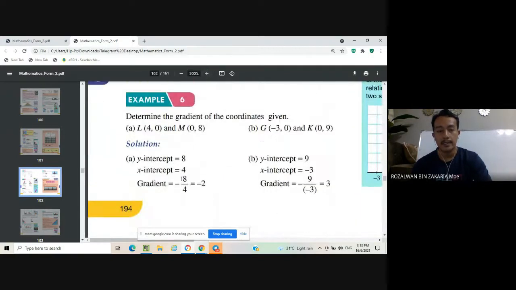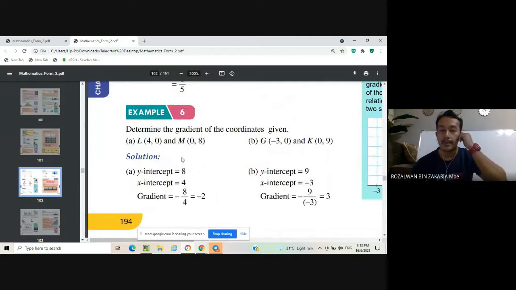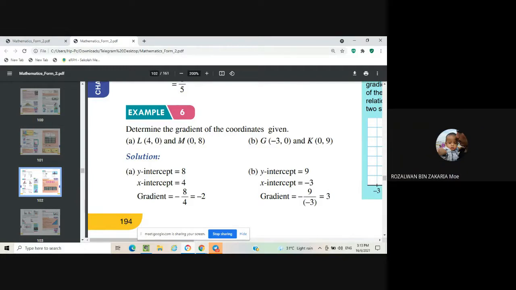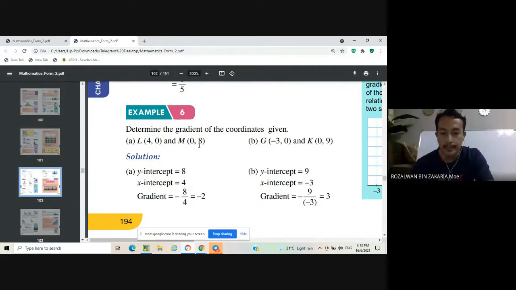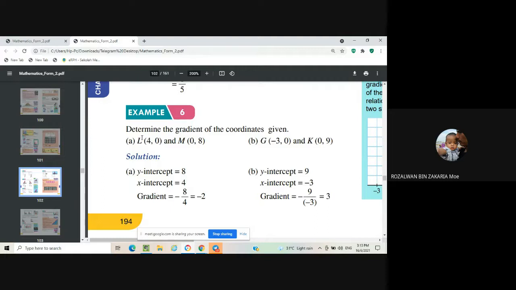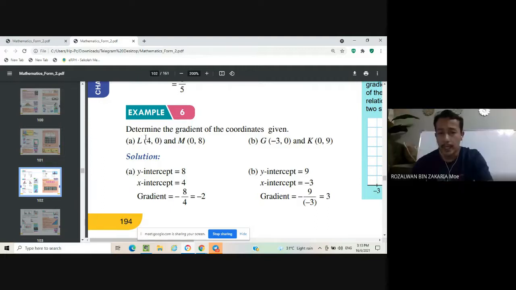Example 6 here. The question is, determine the gradient of the coordinates given. A. Point L coordinate is (4, 0) and point M coordinate is (0, x). How to find the gradient for these two points? We have to use the formula.